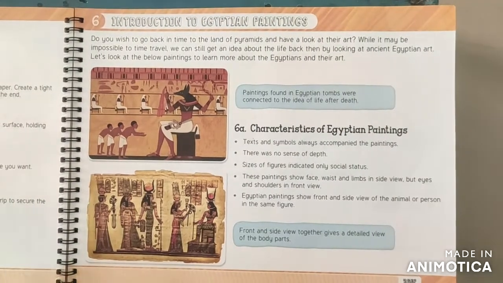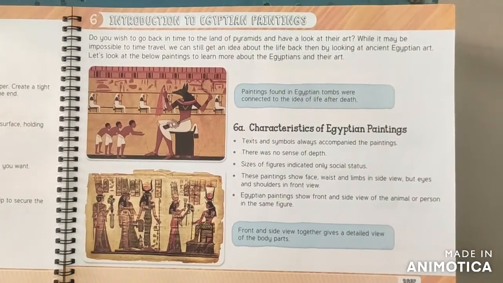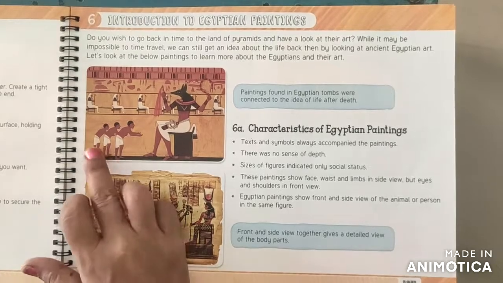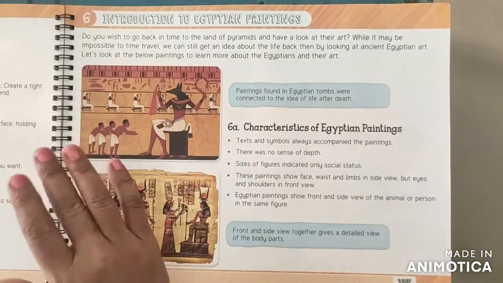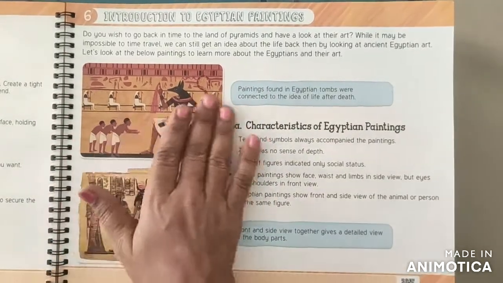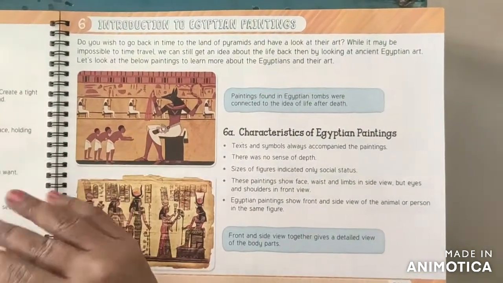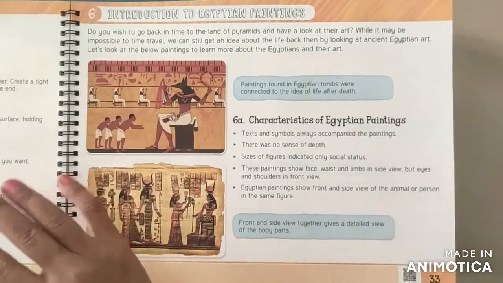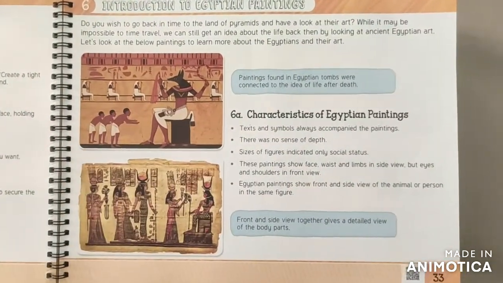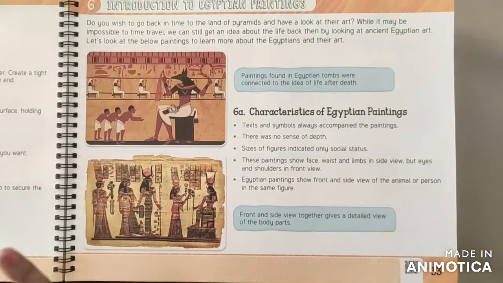They wanted to write a message there, and these are all figures. There was no sense of depth. So it is a flat portion, no depth. Foreground, middle ground, background, all that type of grounds we cannot see in here. We have only a plain portion there. Understand? That is no depth.